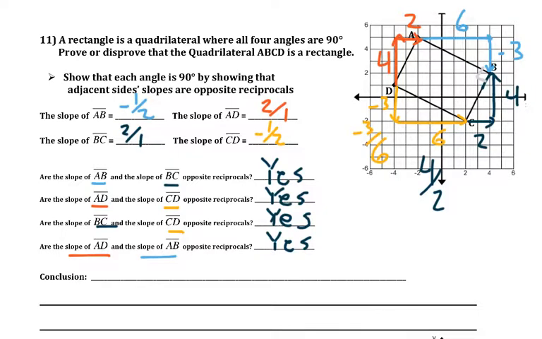Okay, so since we said yes about all of these, that means that each of these angles in our quadrilateral are 90 degrees.